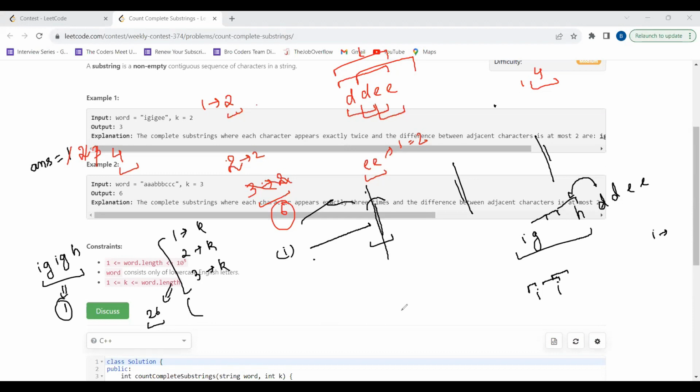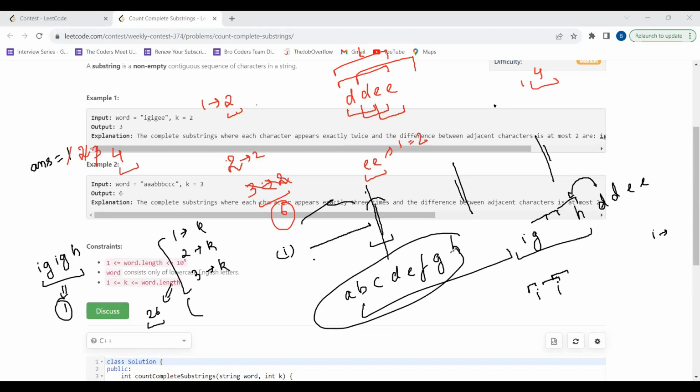First of all, you will need to partition the string. And the second part, you'll just need a simple sliding window. I think this is a very common sliding window problem also. Let's say it's any string, A, B, C, D, E, F, G, H, and we need to find if every character is occurring exactly k times.